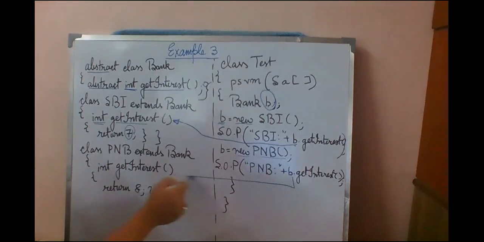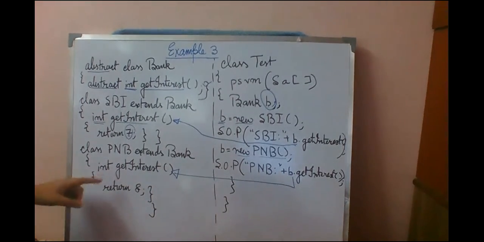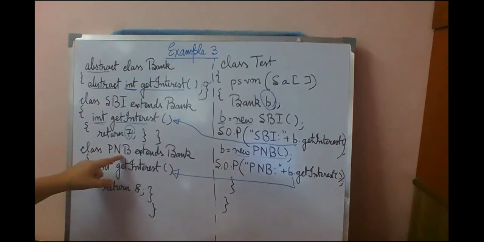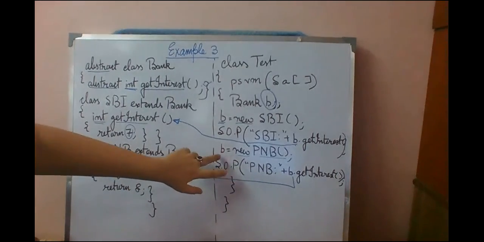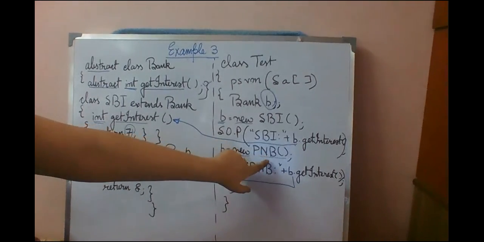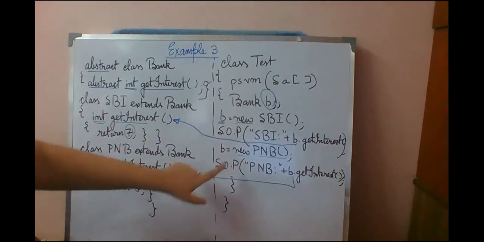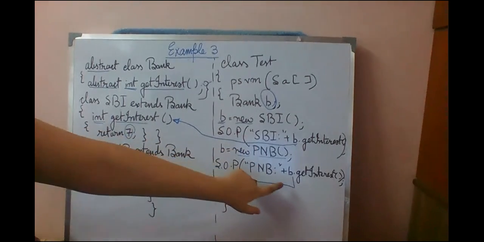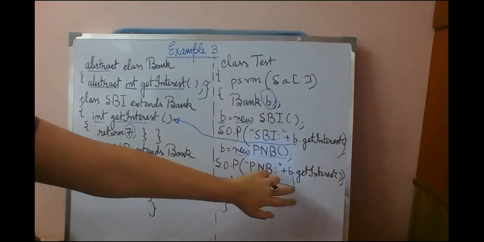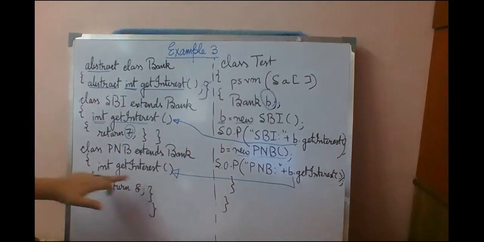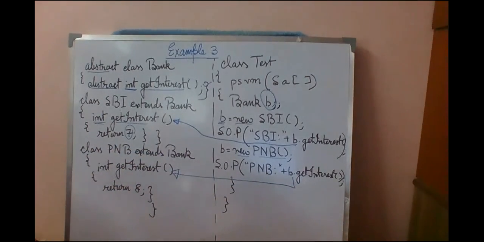This B dot getInterest will point to the getInterest method defined inside the PNB class. We are allocating memory to this reference using the constructor of PNB, so when this object is used, it will call the getInterest method of the PNB class.